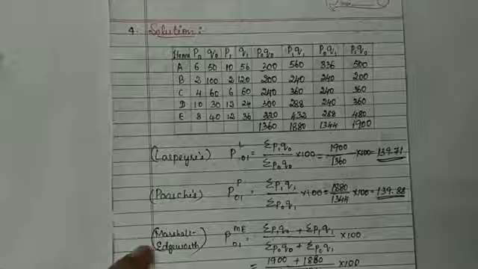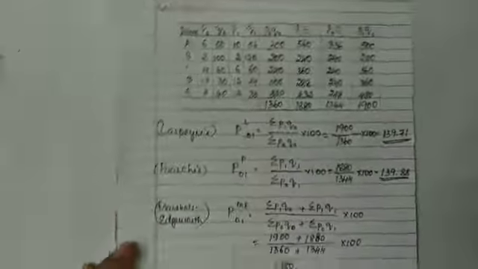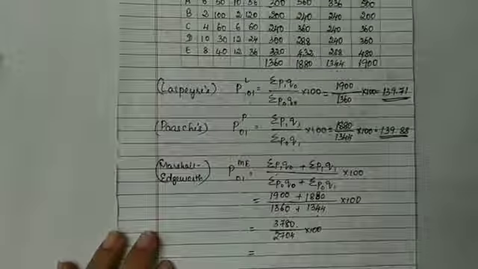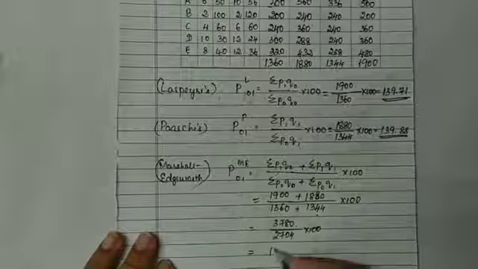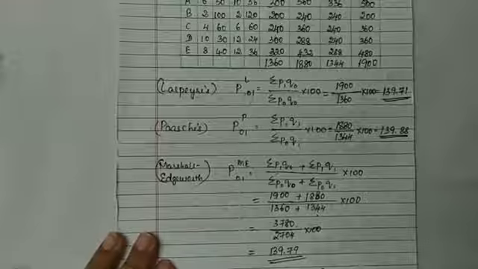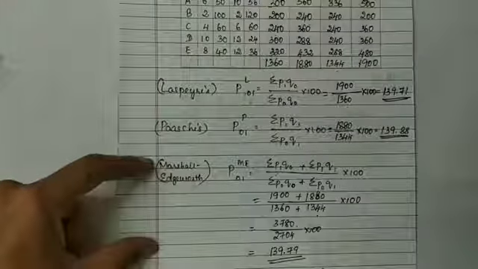Now 3780 divided by 2704 into 100 is 139.79. So we are done with Marshall and Edgeworth's calculation.